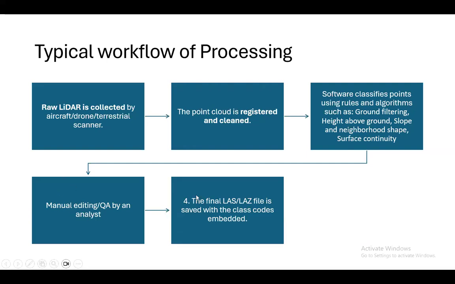And finally they create the LAS file or the LAZ file, which the end user will use for further analysis, for canopy height modeling, for building extraction, for vegetation extraction, for producing DEM, DTM, DSM, and many more, for creating digital twins and so on. So that is basically the pre-processing workflow, because these things happen before you produce the LAS file.